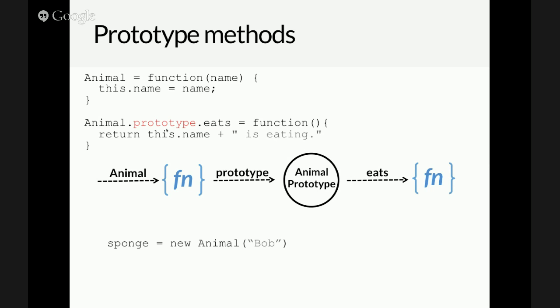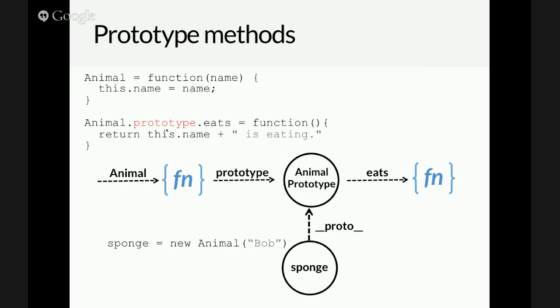Why is this important? Well, when you use the new keyword, here in our case, we're going to create a new animal. It's going to be Sponge, and his name will be Bob. Sponge equals new animal Bob. What the new keyword is doing for us is it's creating a new object in memory, then it's pointing its proto property to the prototype of our constructor.